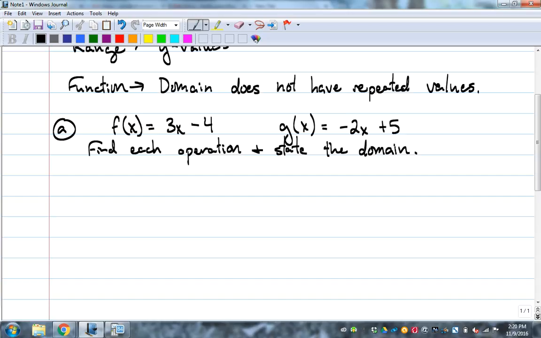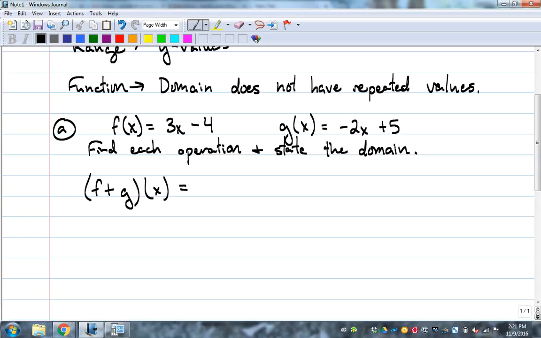So let's look at the first operation, real simple one, f plus g of x, addition. Okay, so this is really easy. If we're going to add things together, what things do we put together? Like terms. That's what we're going to put together.